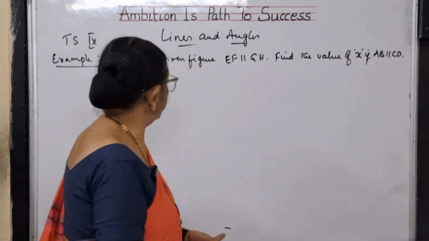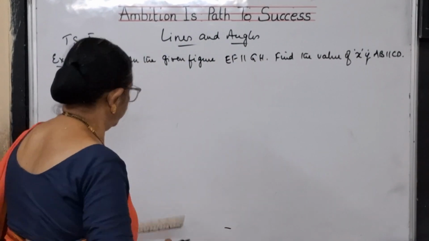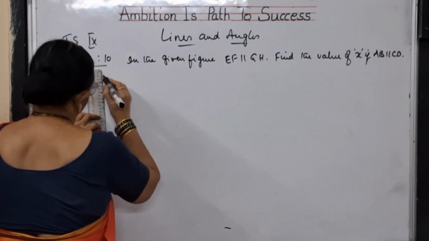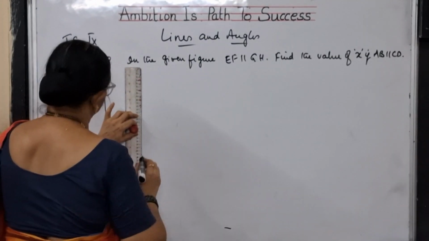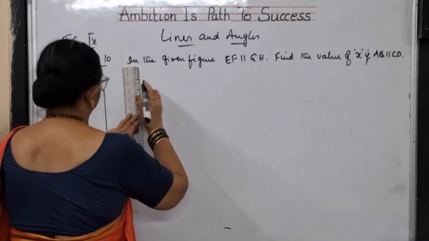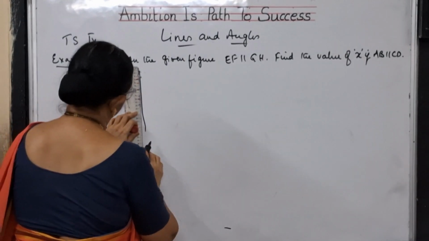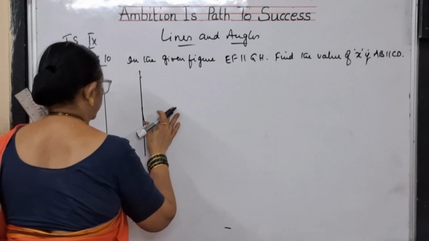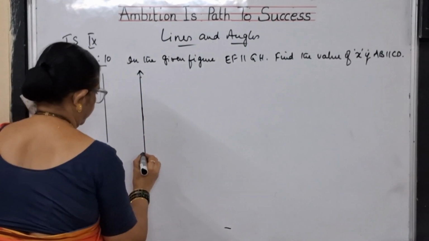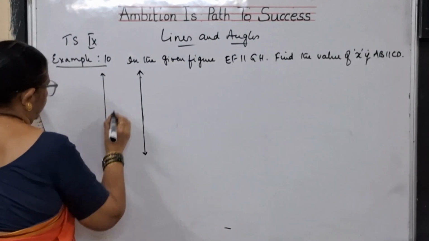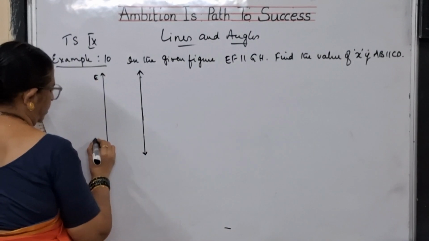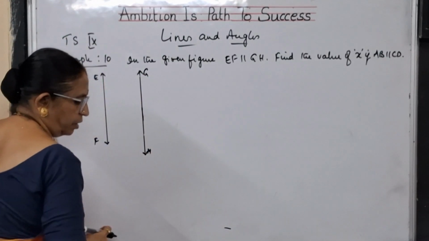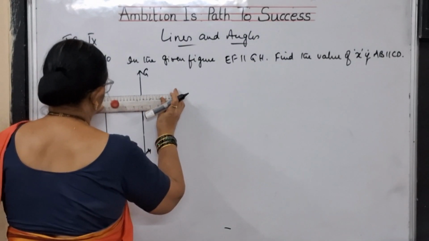Now 10th problem, children. There is a figure given to you. In the given figure, EF is parallel to GH and AB is parallel to CD.